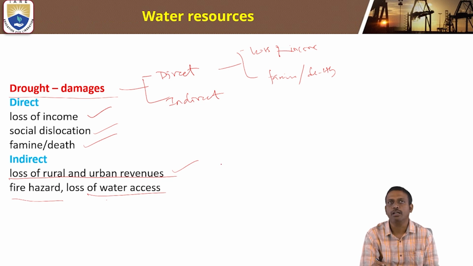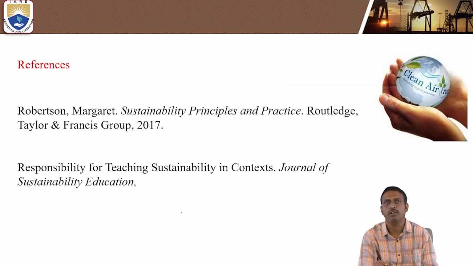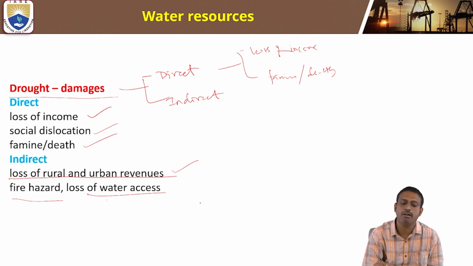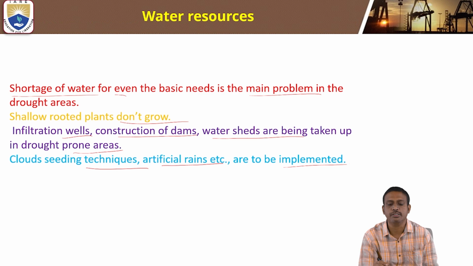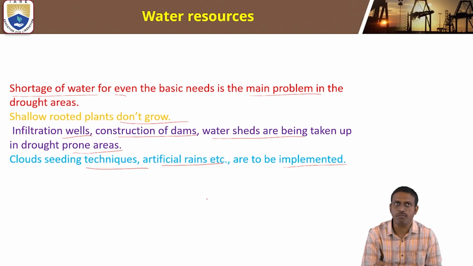Direct damages are loss of income, social dislocation, and famine, which leads to death. Indirect damages are loss of rural and urban revenues, fire hazards, and loss of water access.